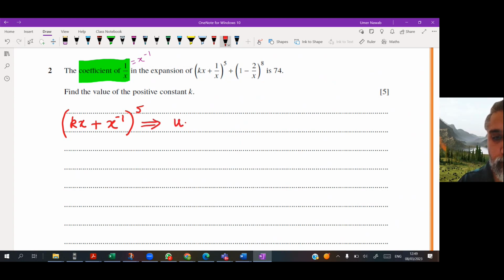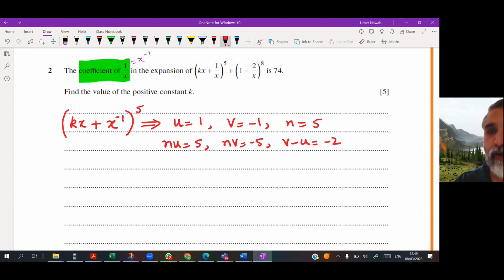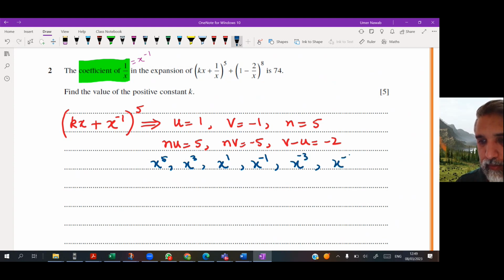Your u is 1, your v is -1, and your n is 5. Your nu is 5, your nv is -5, and your v minus u is -2. How do the powers look? x power 5, x power 3, x power 1, -1, -3, and -5.